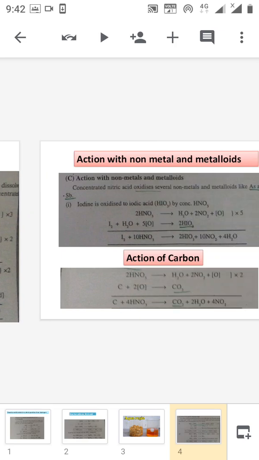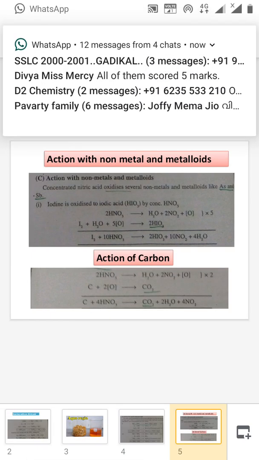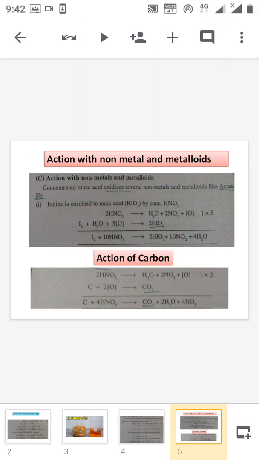Now we are moving into the next reaction, the action of nitric acid with non-metals and metalloids. First of all, yesterday we discussed the action with metals more electropositive than hydrogen, and today we discussed the action with metals less electropositive than hydrogen.